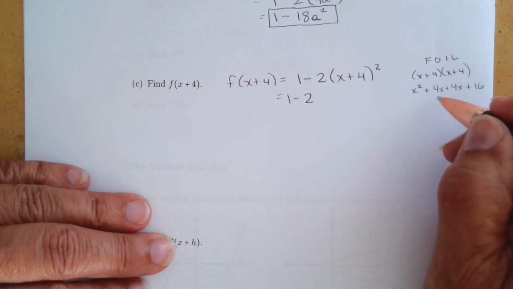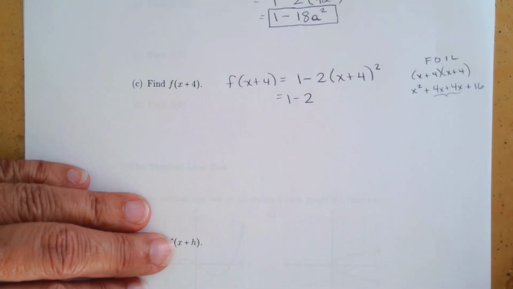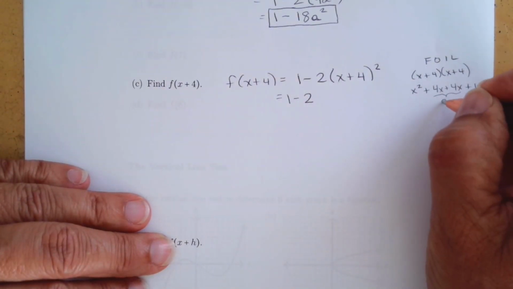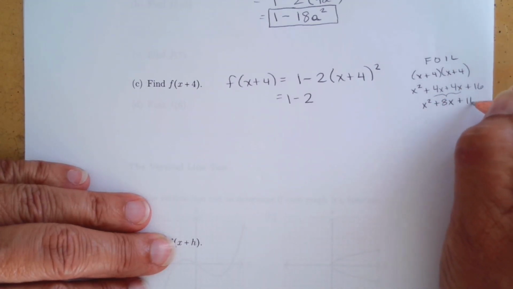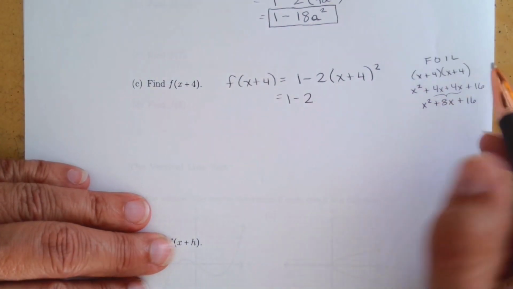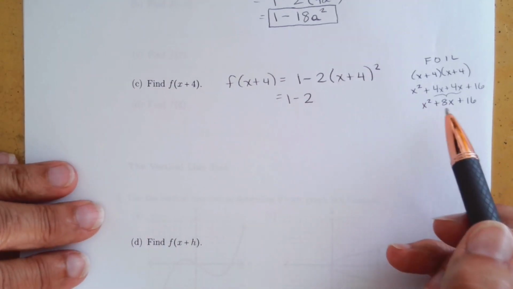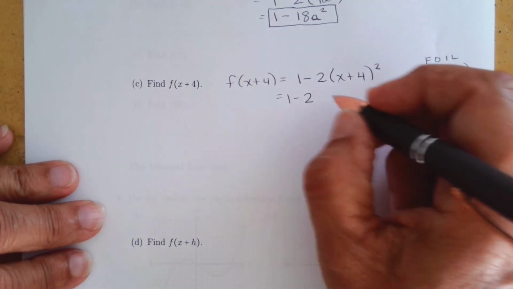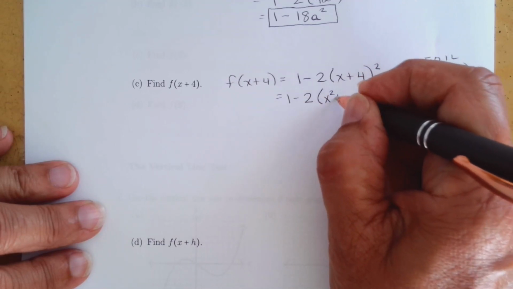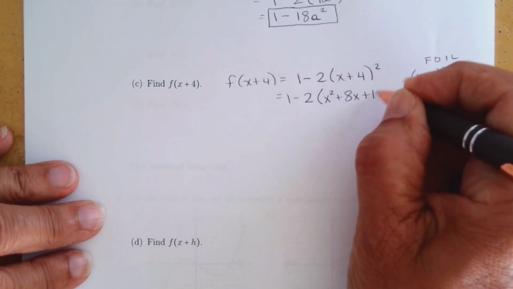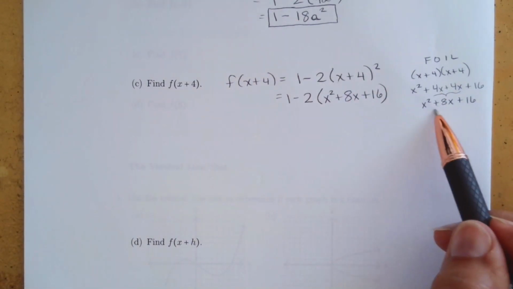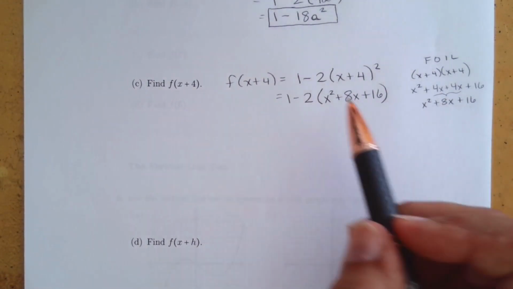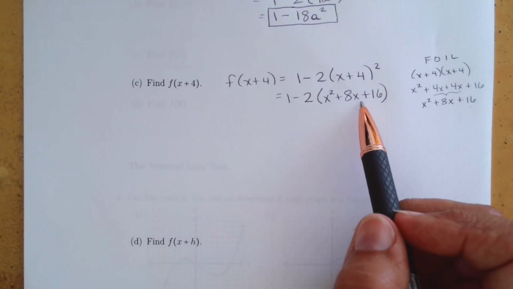And you can add these together. Those are like terms. 4x plus 4x would be 8x. So we end up with x squared plus 8x plus 16. Okay, that's just x plus 4 squared. So I'm going to write that over here. Okay, that's what I got when I squared it. So x plus 4 squared gave me this. So that's what I put in here.